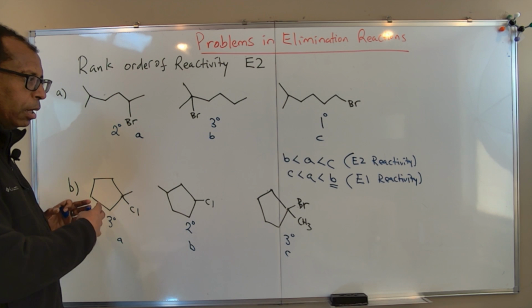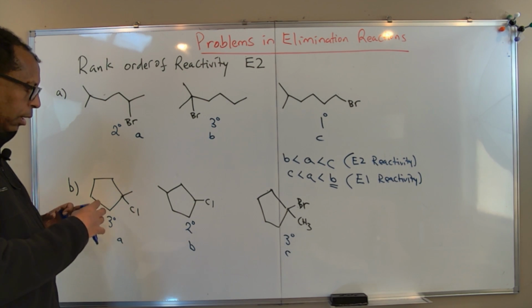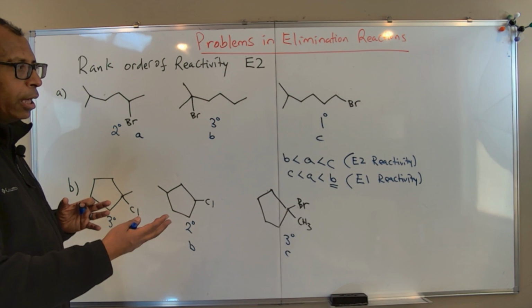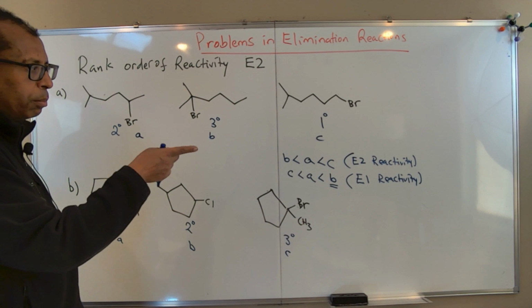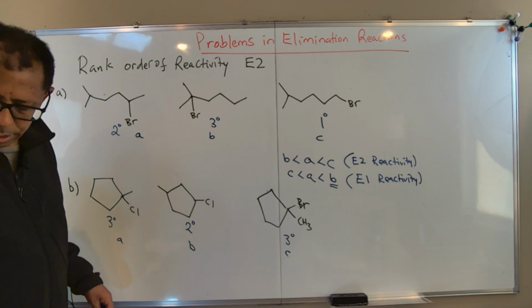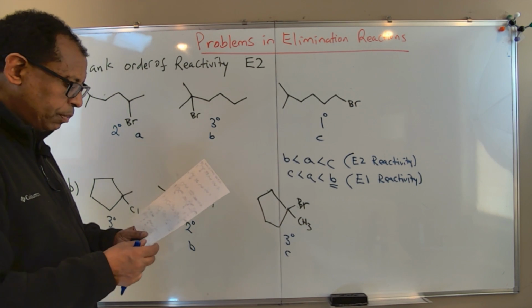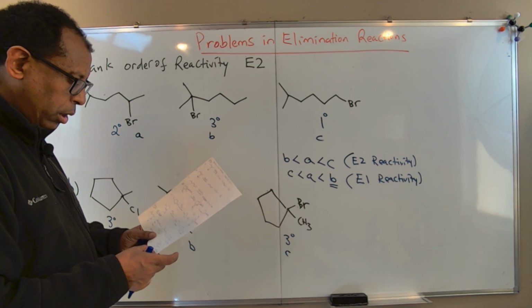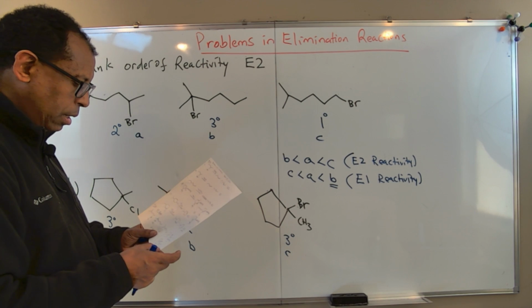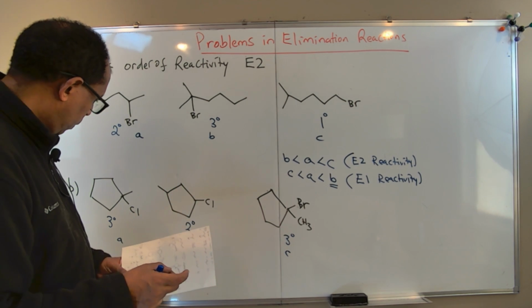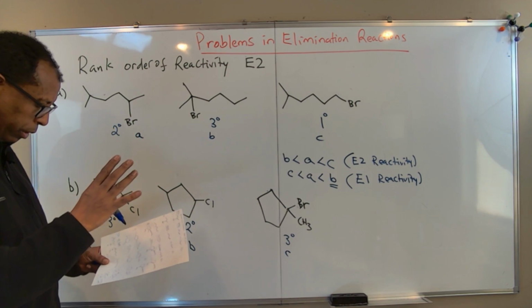It can form a tertiary carbocation. So which one could form a carbocation is most reactive in E1 reaction. So the order would be A is much greater than B, greater than C.